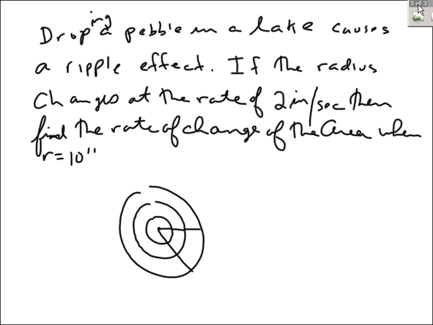At the beginning, the area was 0. Then you added this amount a second later. And then you added this much more. And then a second later, the radius grew another 2 inches, and you added this much more.